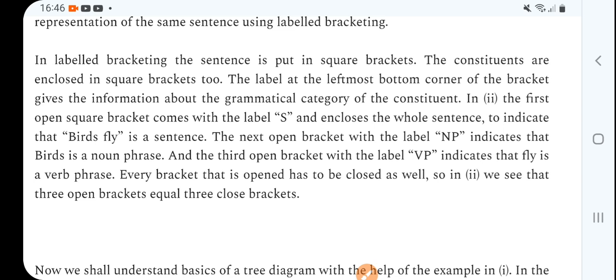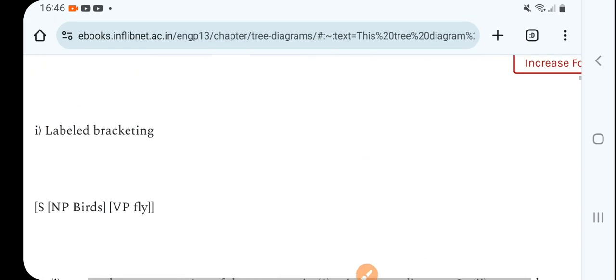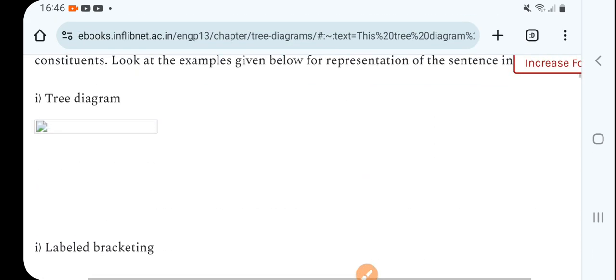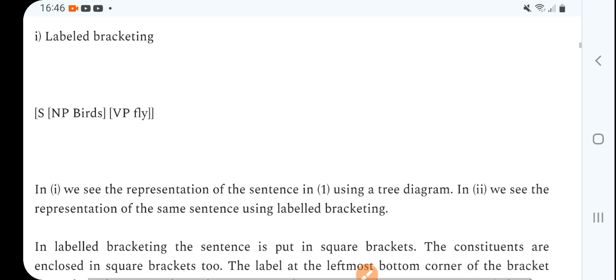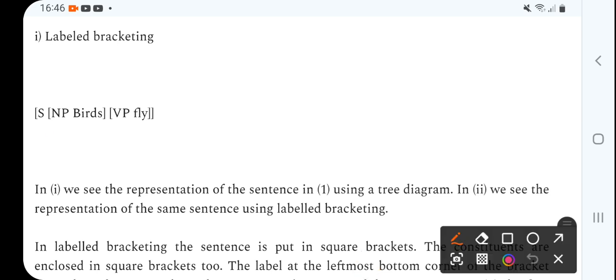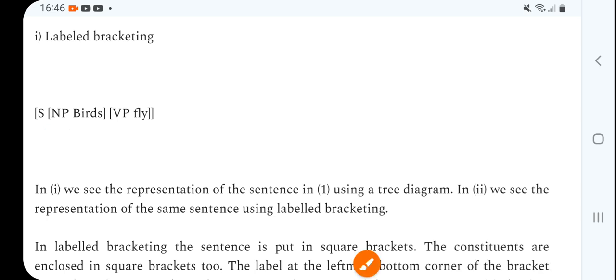I will try to fetch the tree diagram if it is there. Now in labeled bracketing, the subject is NP, birds, and VP, fly, right? So that is noun phrase and verb phrase.